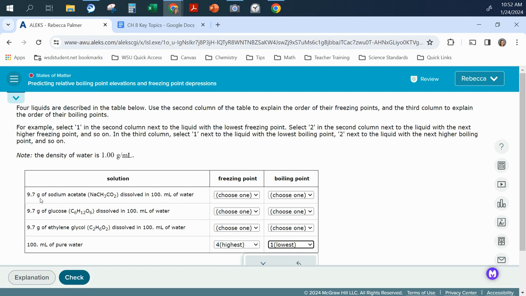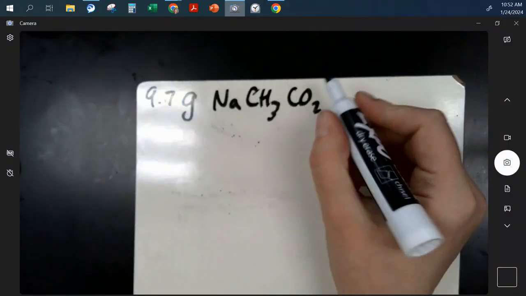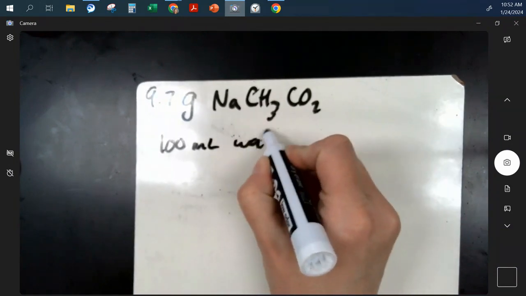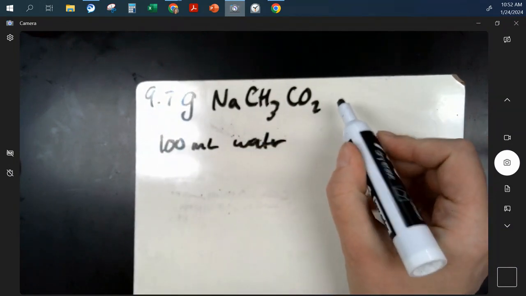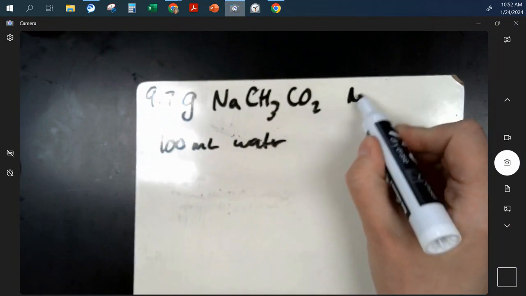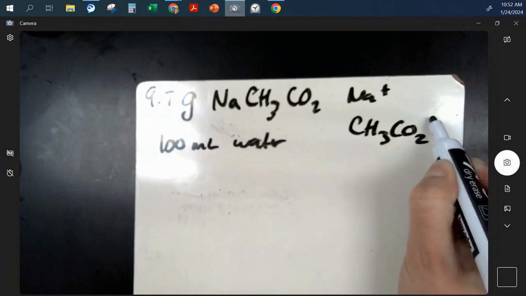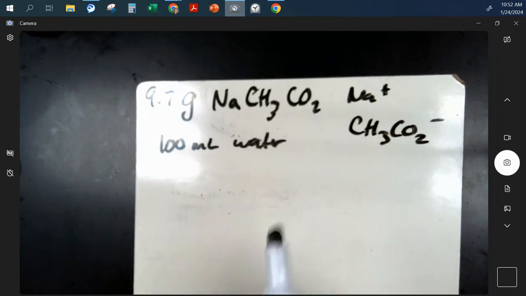So this one, I see sodium and I see that that's an ionic compound. This is going to give me, oh, and it's in 100 milliliters of water. This is going to give me 2 particles. I'm going to get sodium and I'm going to get acetate. So just keep that in mind.